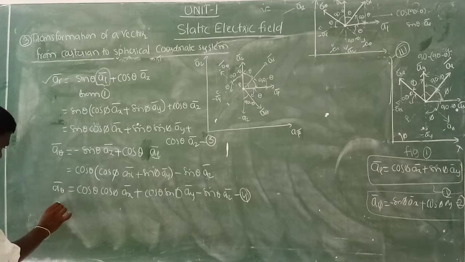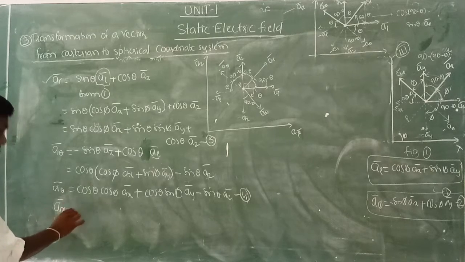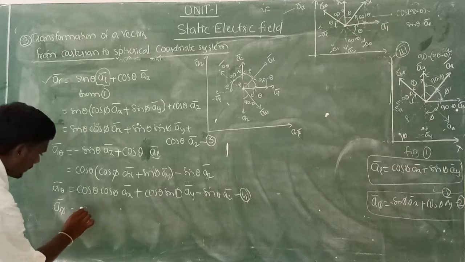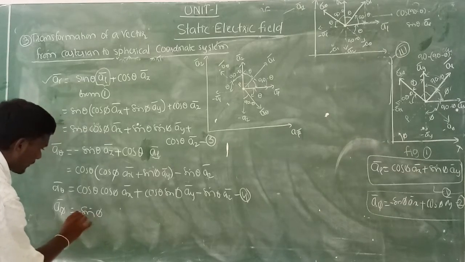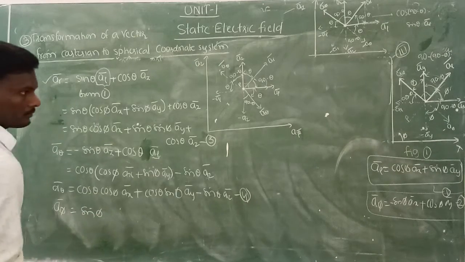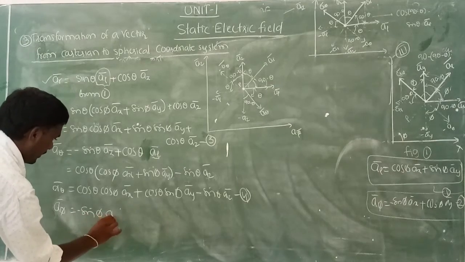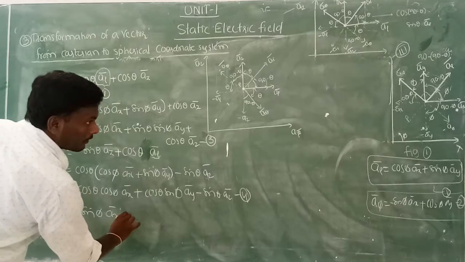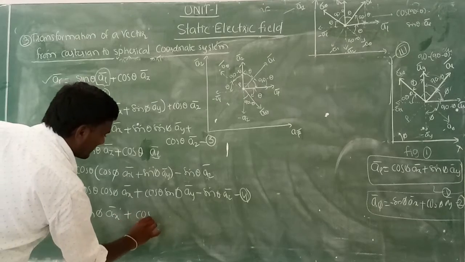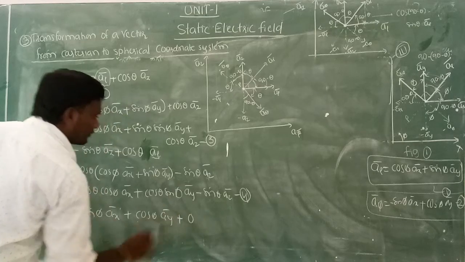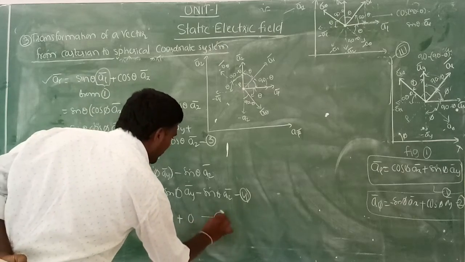What about a phi bar? A phi bar is from equation 2: minus sin phi ax bar plus cos phi ay bar plus 0. Equation number 5.